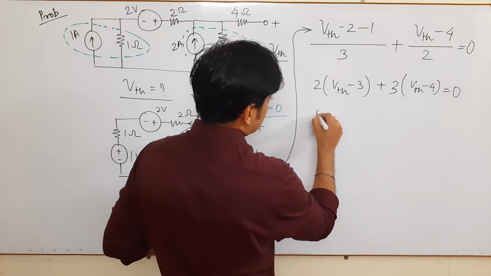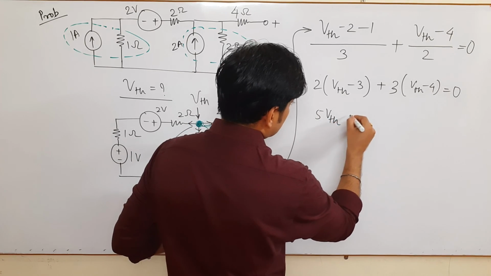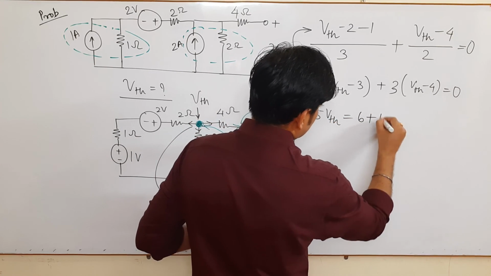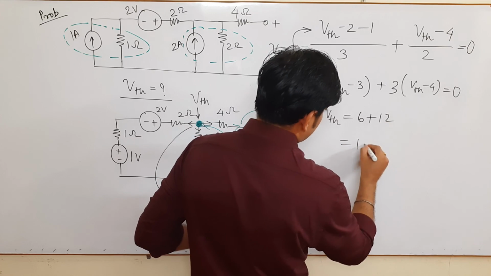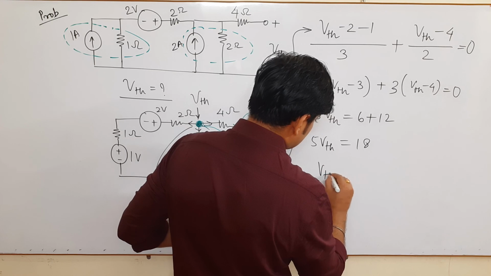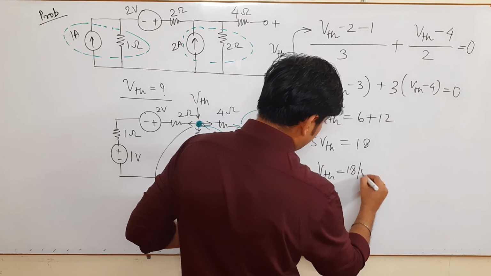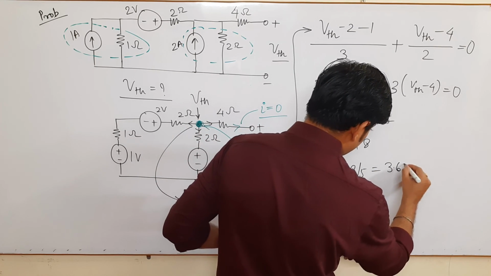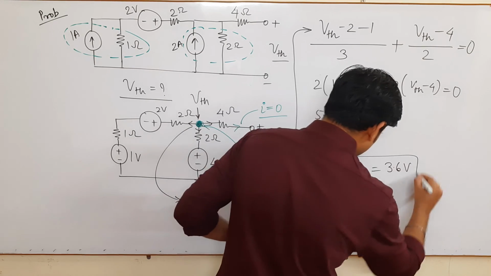So 5 VTH is equal to 6 plus 12, that is 18. So VTH is 18 by 5, that comes to be how much? It is 3.6 volt.